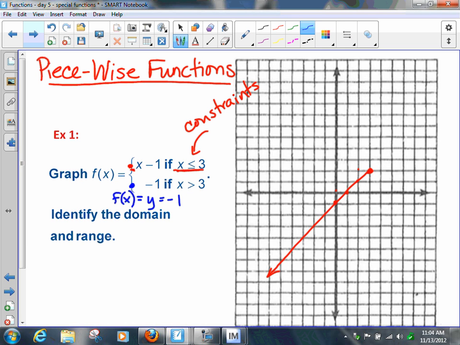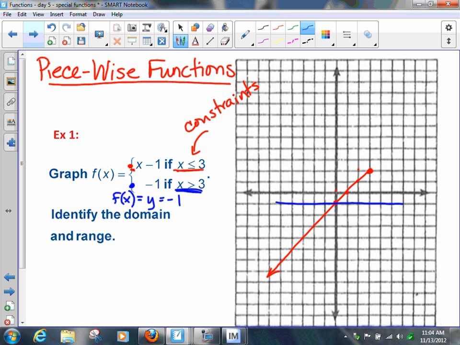All right, so I'm going to put this in here with the stipulation that I'm going to have to do something with it. Because my constraint says if x is greater than 3. Where does this blue line start? Did I just say y is greater than 3?